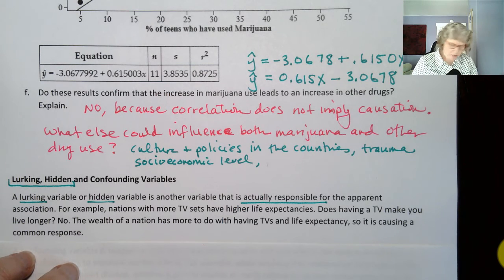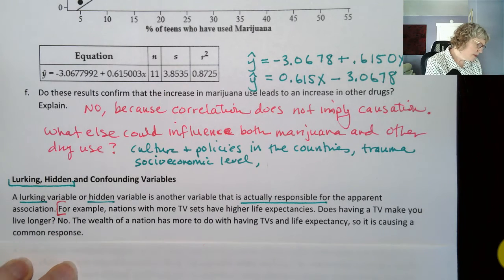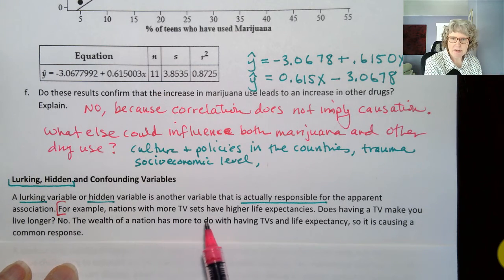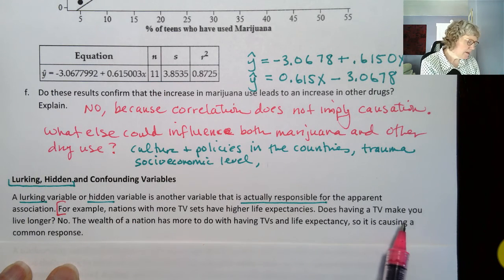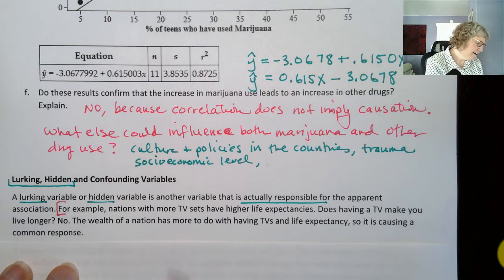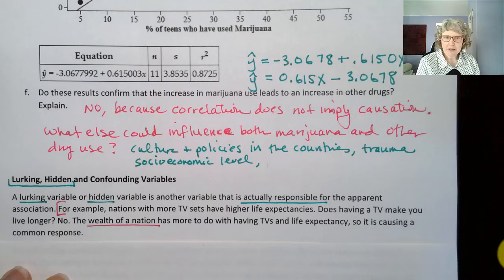So an example of this, got an example right here. Nations with more TV sets have higher life expectancies, okay? Does that mean having a TV makes you live longer? No. In fact, TV could be harmful to your health. But the wealth of a nation has more to do with how many people have TVs and with life expectancy, because of healthcare and all that.